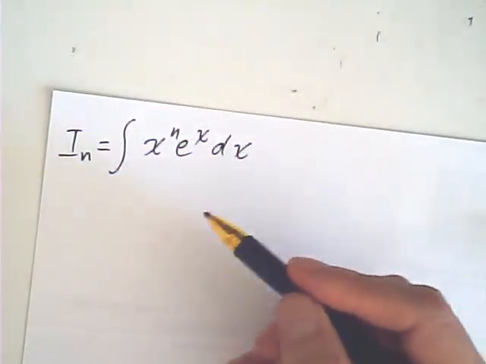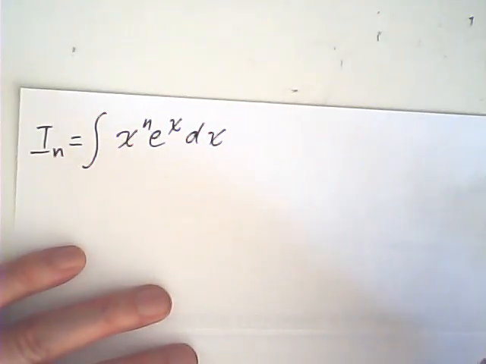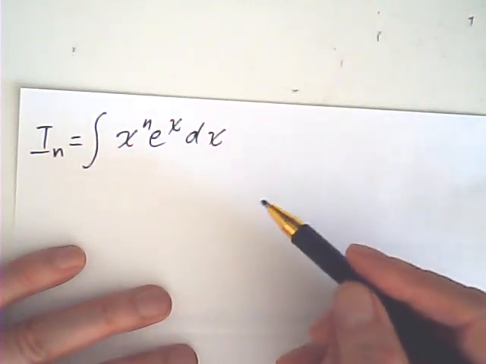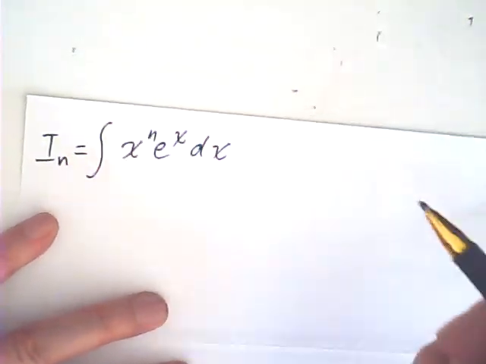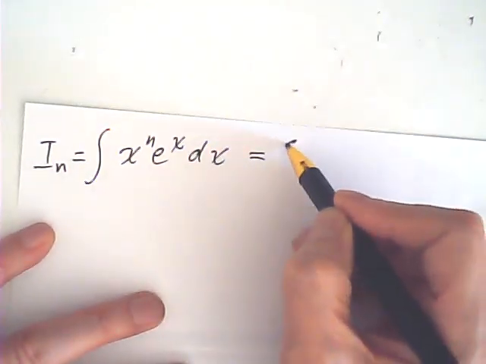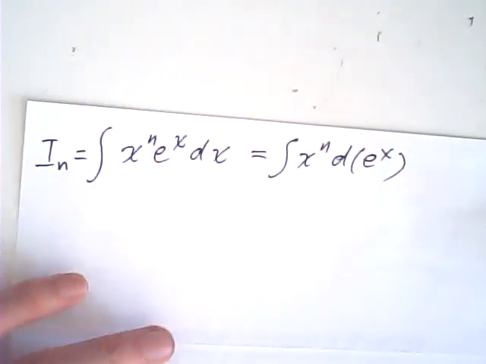So I take one example, which is a non-trig function. While I'm using by parts, right? This one is equal to x^n d e to the x.